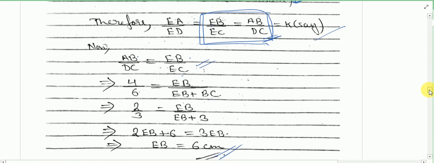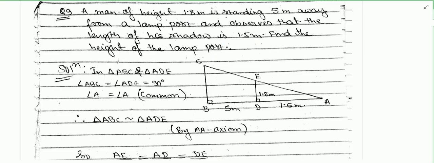So EB plus BC, substitute the value for BC and then simplify and you will get 6 centimeter. So you can pause the video and you can write it. Now let us see question number 9.